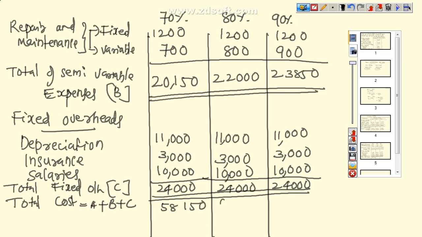And for second part 62,000, and for third part 65,850.